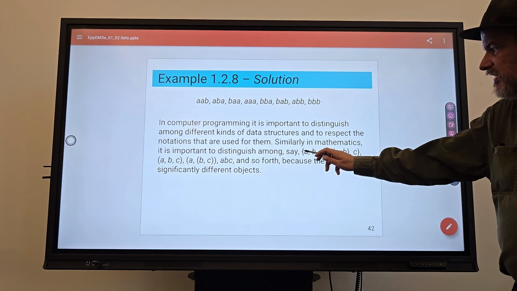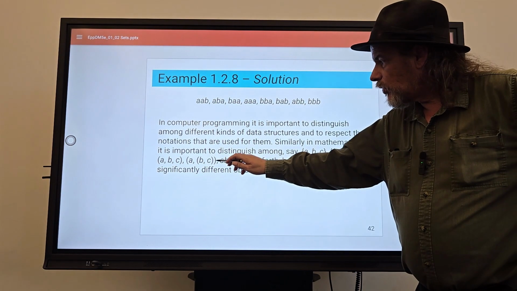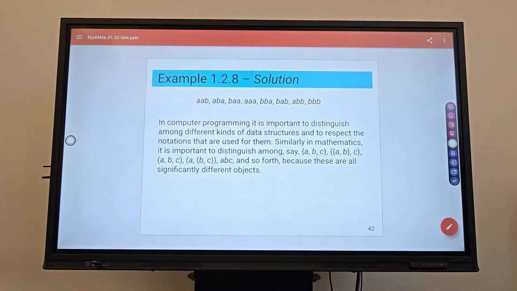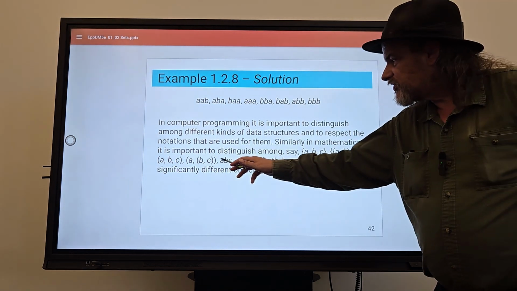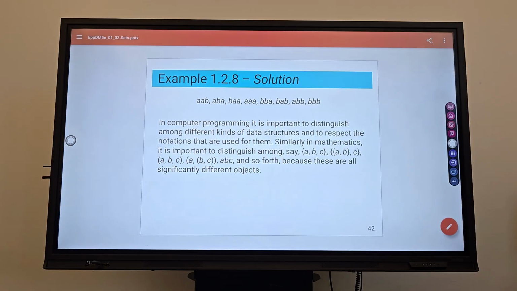Curly braces denote a set, parentheses an ordered n-tuple, no parentheses, no commas, a string. So different data types or data structures have different notations in math.